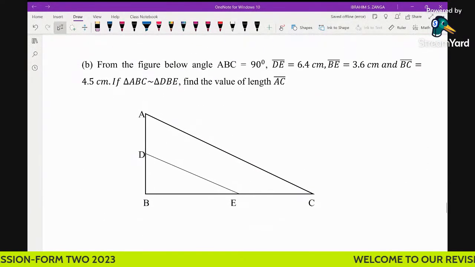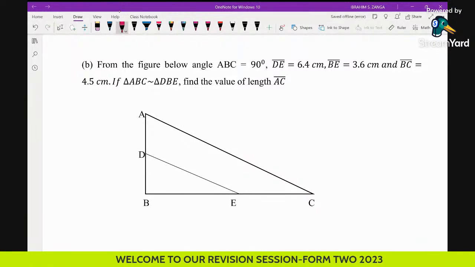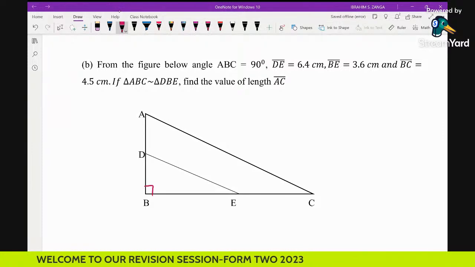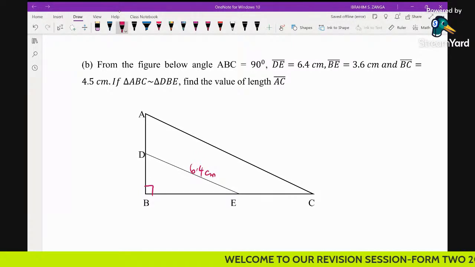Going to question number 8b. From the figure below, angle ABC is 90. DE is 6.4 centimeter.